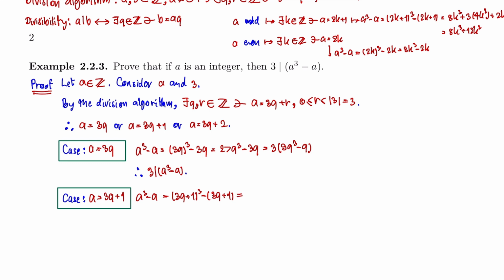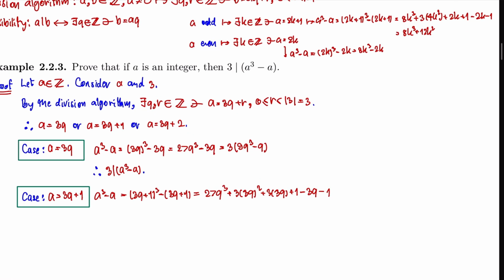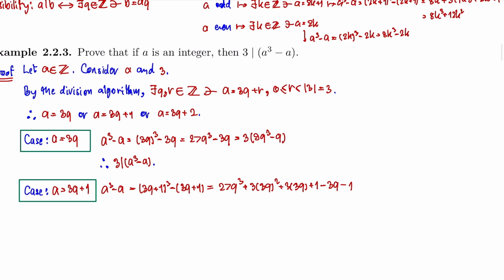Then it turns out to be 27q cubed plus 27q squared plus 9q plus 1 minus 3q minus 1, which is 27q cubed plus 27q squared plus 6q.